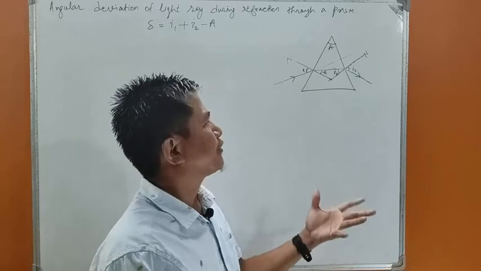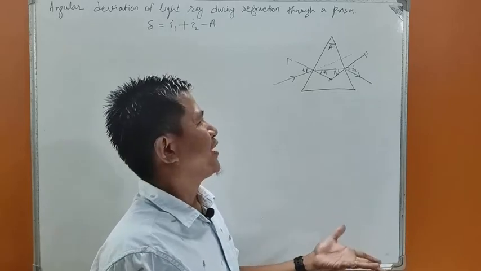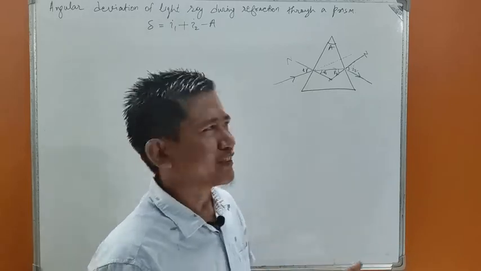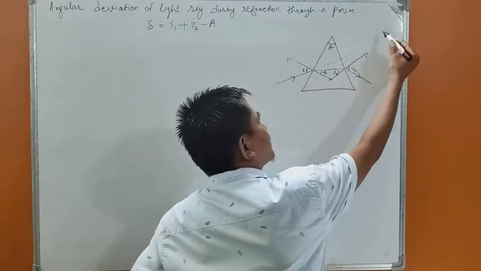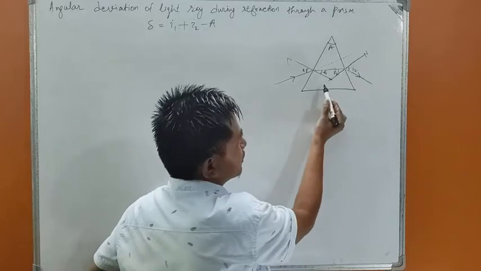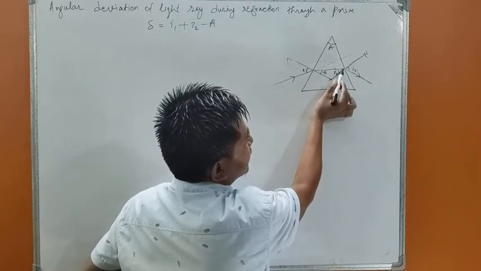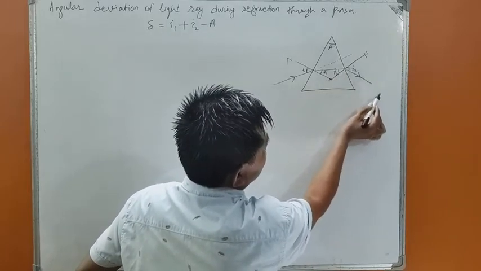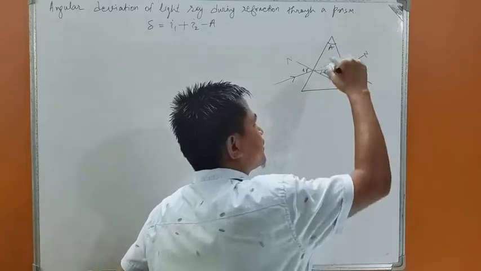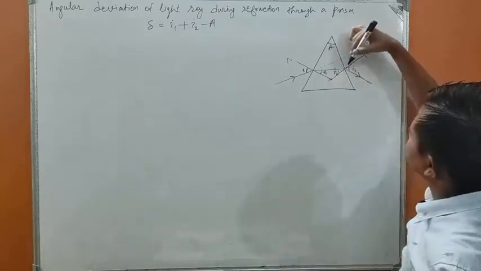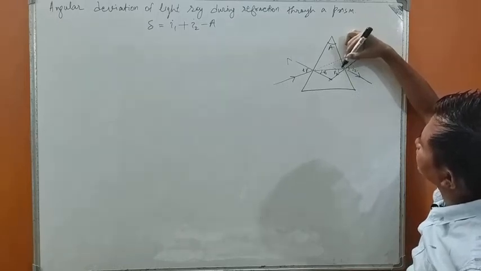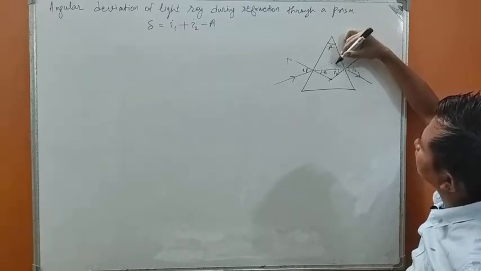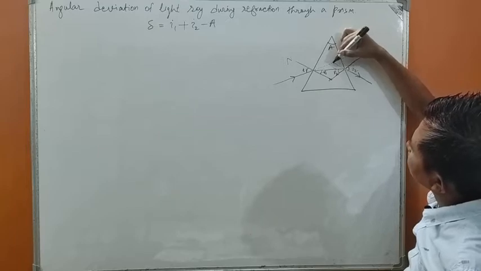If we extrapolate the refracted ray backward, this line would meet here.